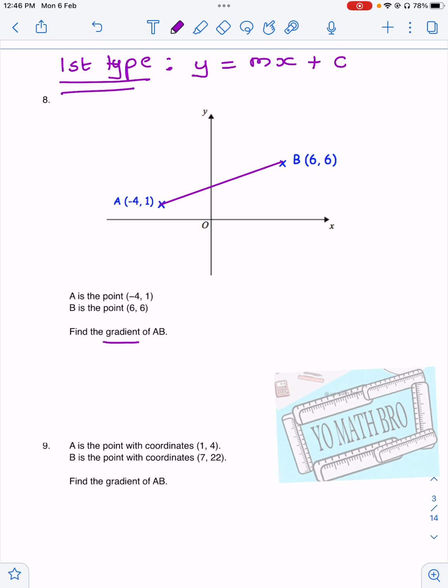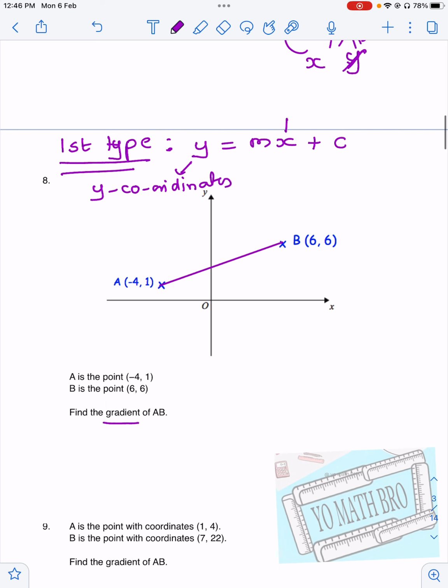This line always has a general formula y is equal to mx plus c. But what is the meaning? This y stands for y coordinates, remember. And here this x also stands for the x coordinates.